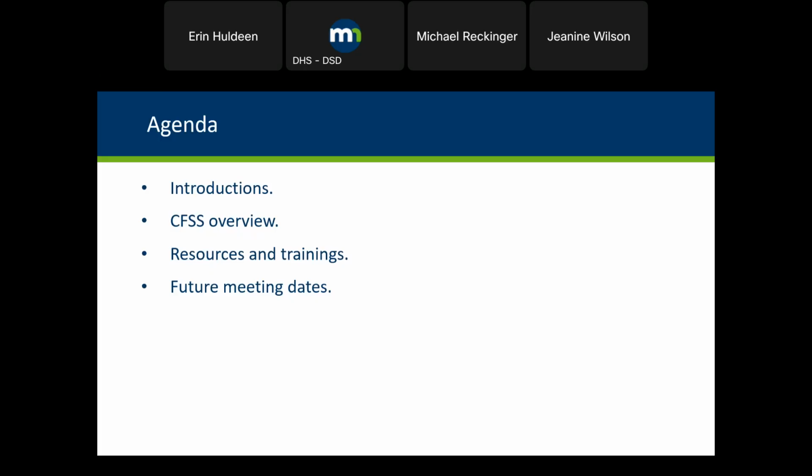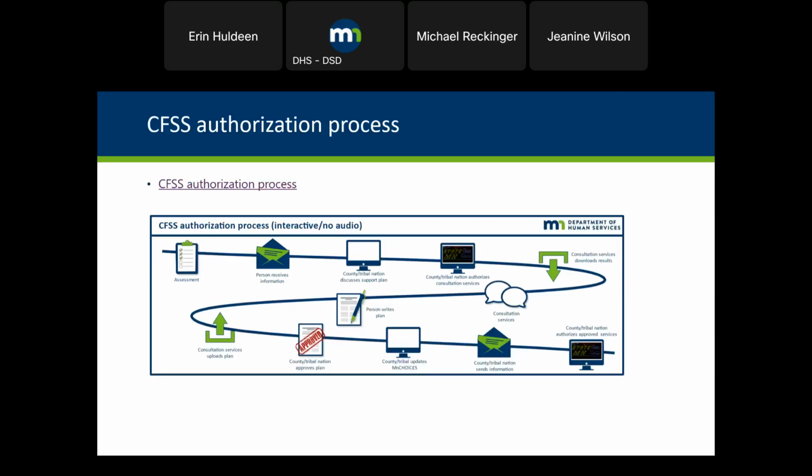We're going to start by going over the CFSS overview or the authorization process. We're going to talk through some different resources and trainings that are available to you, and then any future meeting dates that we have.